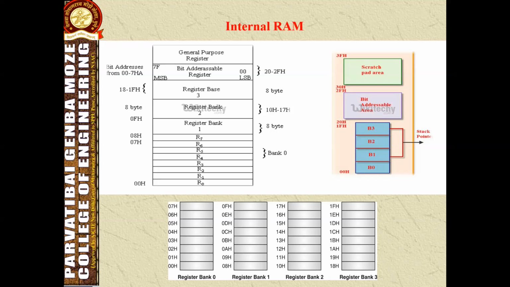An advantage of the register bank is that it reduces the latency period for a subroutine call or an interrupt. When the programmer is using the set of registers R0 to R7 of bank 0 and an interrupt occurs, the interrupt service routine or subroutine begins by pushing the contents of all the registers onto the stack.